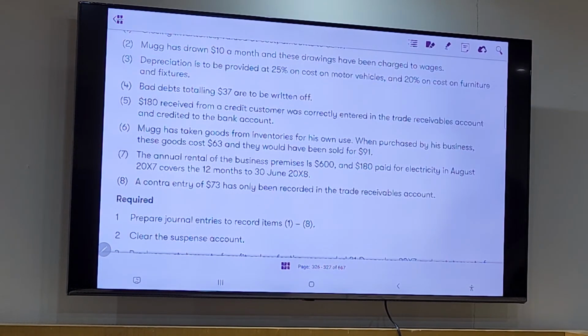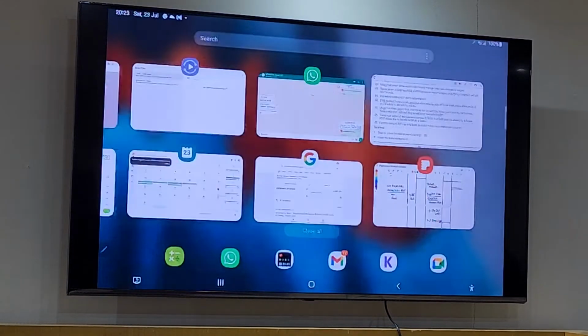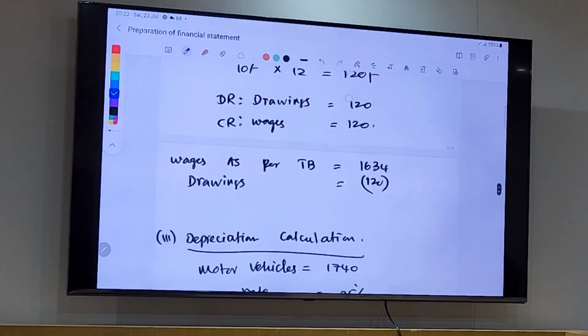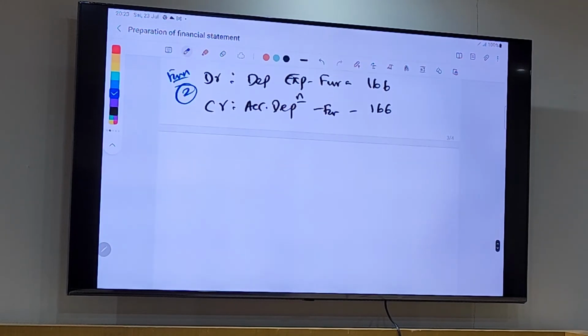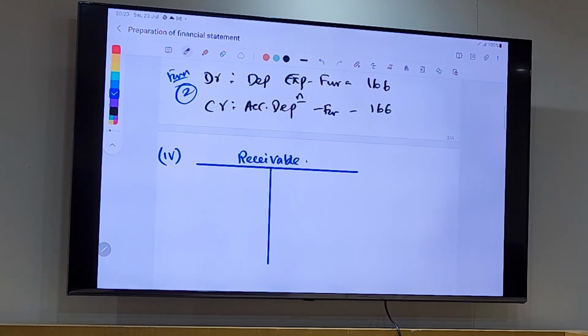Bad debts totaling 37 are to be written off. So now what we do is, this is easy to understand.